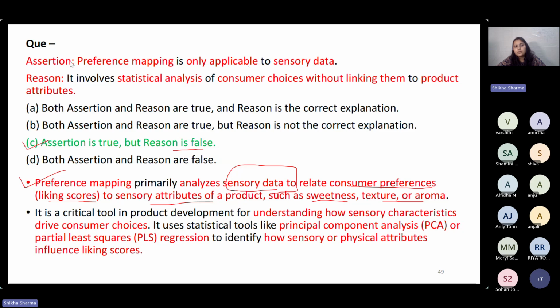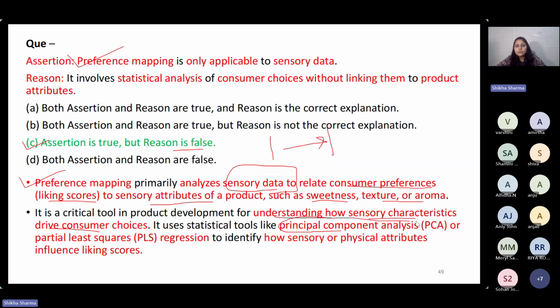So statement 1, the assertion, is correct. It is a critical tool in product development to understand how sensory characteristics drive consumer choices.